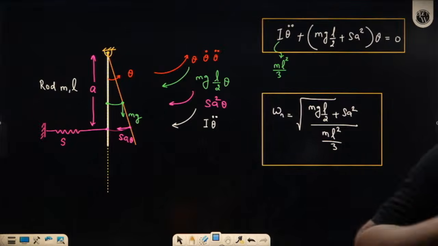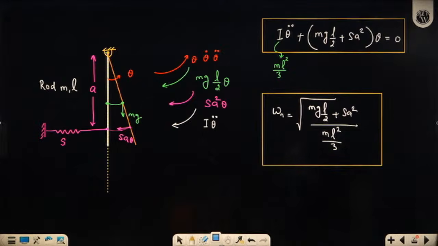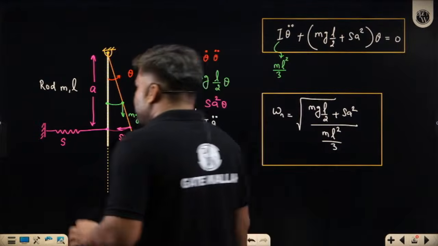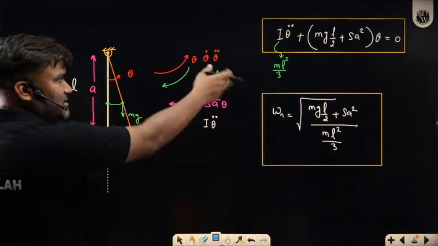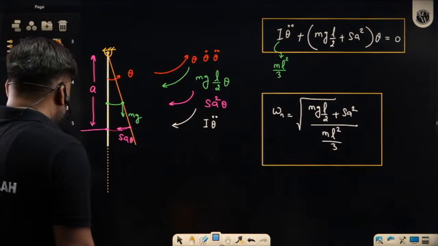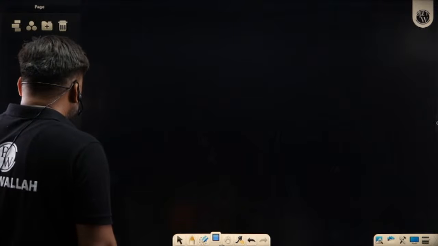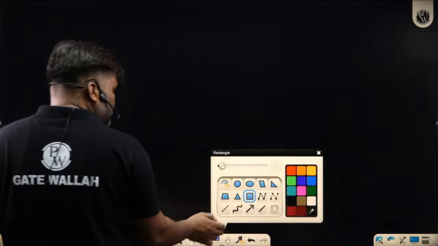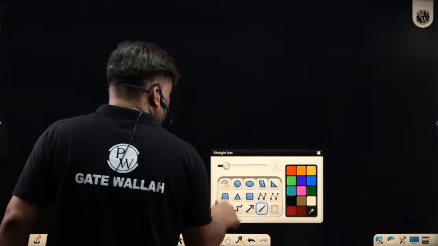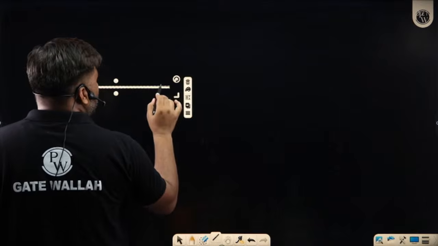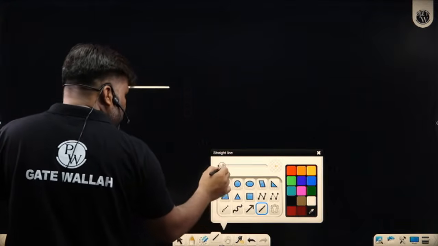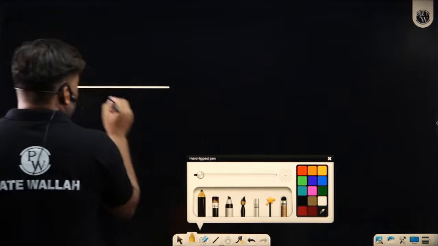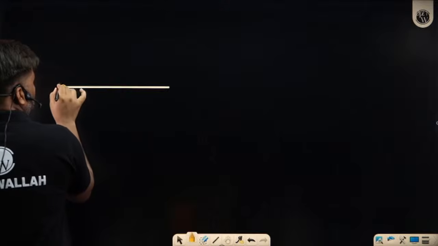Now, let's discuss another situation. One situation where I have kept the rod in vertical position, the answer is in front of you. If this same rod, same system, I keep it in horizontal position, with one end hinged here, same situation.